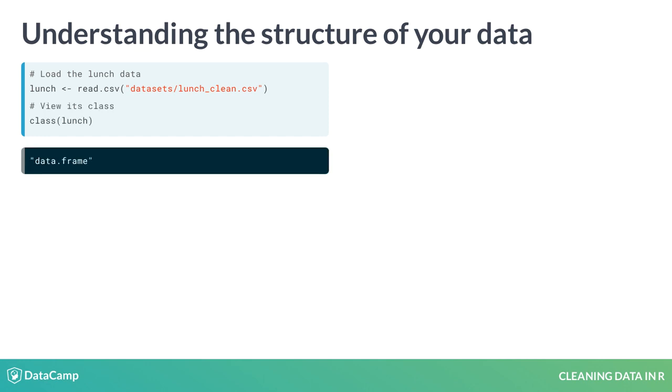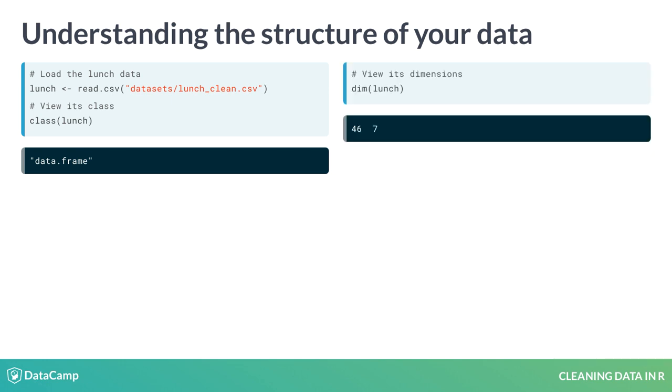First, we check the class of the lunch object to verify that it is in fact a data frame, or a two-dimensional table consisting of rows and columns, of which each column is a single data type, such as numeric, character, etc. We then view the dimensions of the dataset with the dim function. This particular dataset has 46 rows and 7 columns. dim always displays the number of rows first, followed by the number of columns.